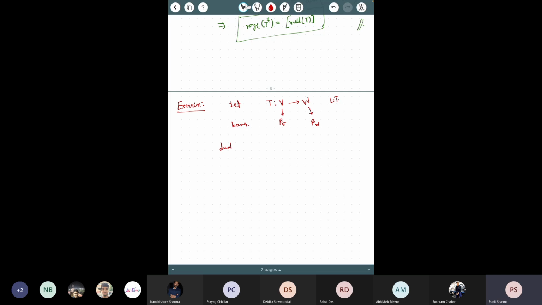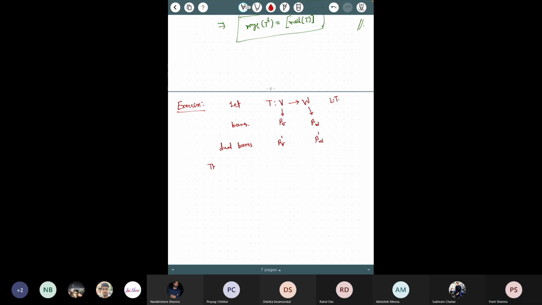So you need bases for W dash and V dash also. They are the dual spaces, so you take the dual basis. The dual basis of BV is BV dash, and of BW is BW dash. So these are the dual bases.